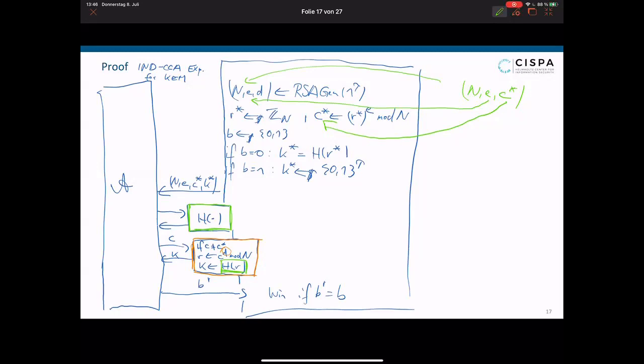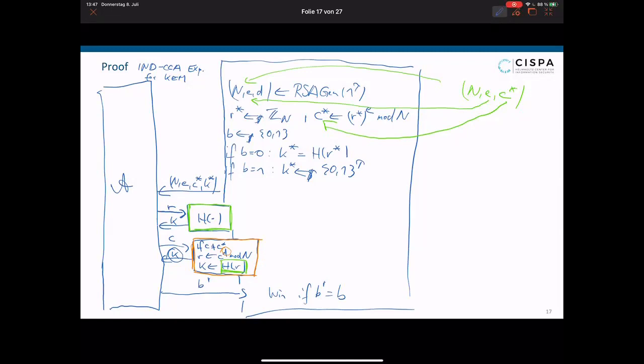But the idea is that if the adversary actually wants to know what the correct key here is, he first has to use whatever C to the D is, let's call it R. He first has to query the random oracle with R to get back some K, right?